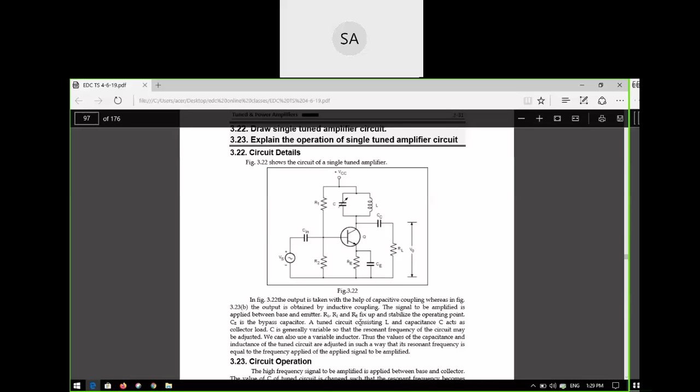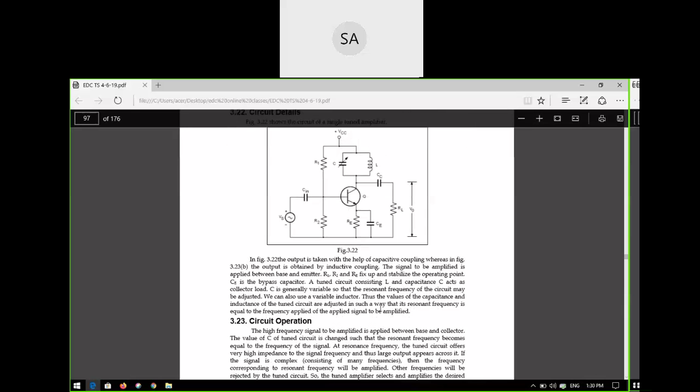The frequencies at which you give more energy are amplified, and the other frequencies are rejected. You can also call it a band reject filter. What is a band reject filter? The frequencies below and above are rejected, and only a particular frequency is amplified. So tuned amplifiers are narrow band amplifiers.